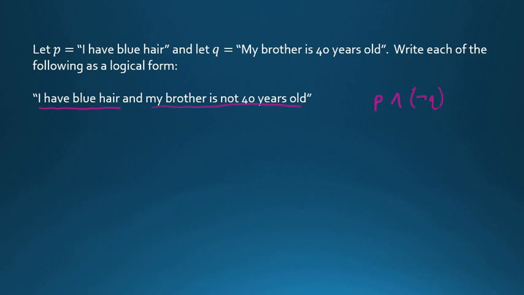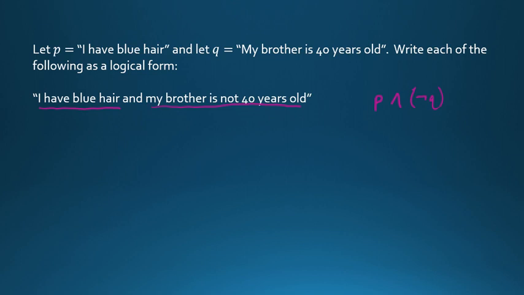Now, as a quick note, you can see that I put parentheses around the not Q. Technically, I didn't have to do this. If that not symbol is only going on one letter, then the parentheses are not needed. But if you're going to take the negation of several things, like not the quantity P and Q, then you want to put parentheses around everything that you're taking the negation of.